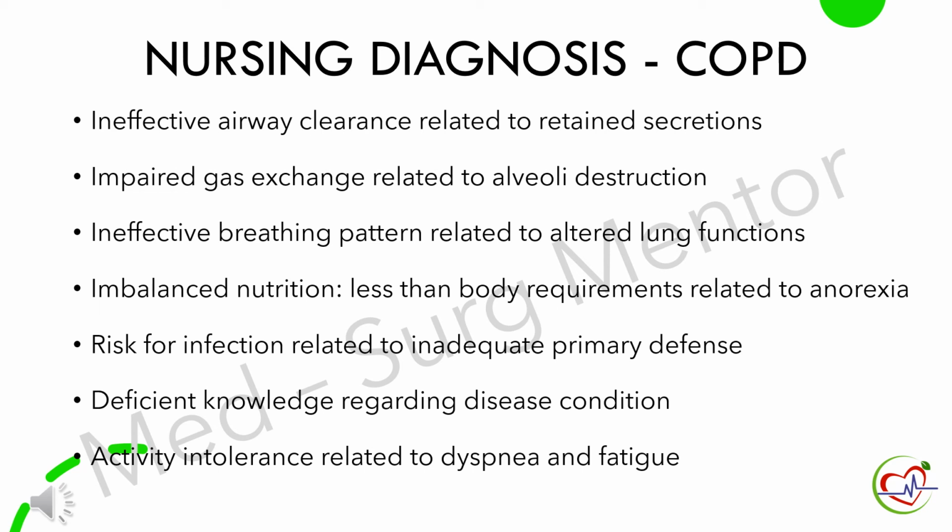And they are ineffective airway clearance related to retained secretions, impaired gas exchange related to alveoli destruction, ineffective breathing pattern related to altered lung functions, imbalanced nutrition less than body requirement related to anorexia, risk for infection related to inadequate primary defense, deficient knowledge regarding disease condition, and activity intolerance related to dyspnea and fatigue.